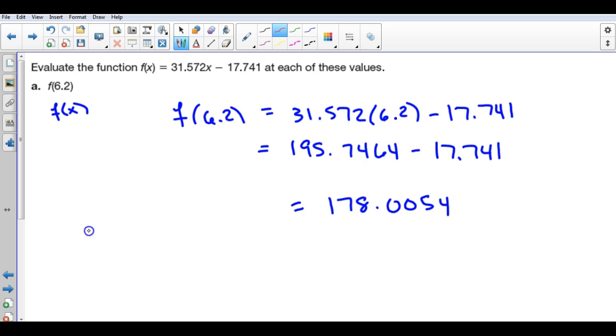So if I were to express this as a coordinate, when my x value is 6.2, my y value is 178.0054. So you're using that function notation to determine your inputs and your outputs. So my input of 6.2 for x would give me an output of 178.0054, which is my y value.